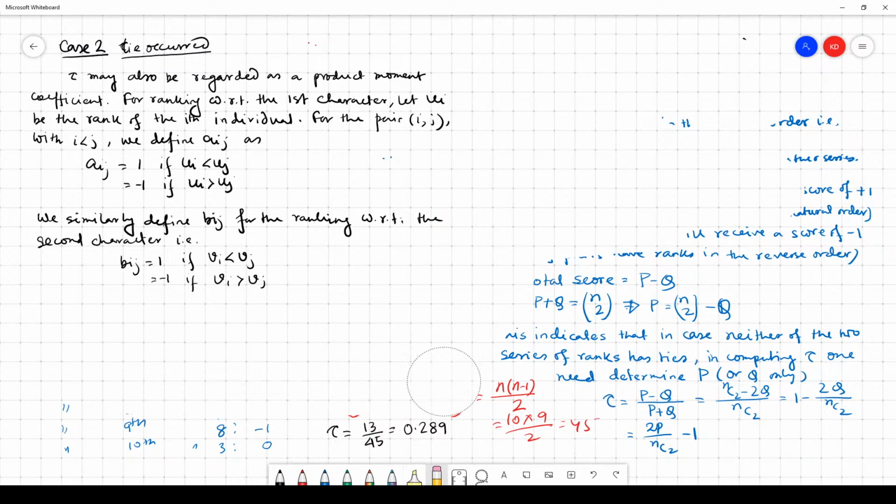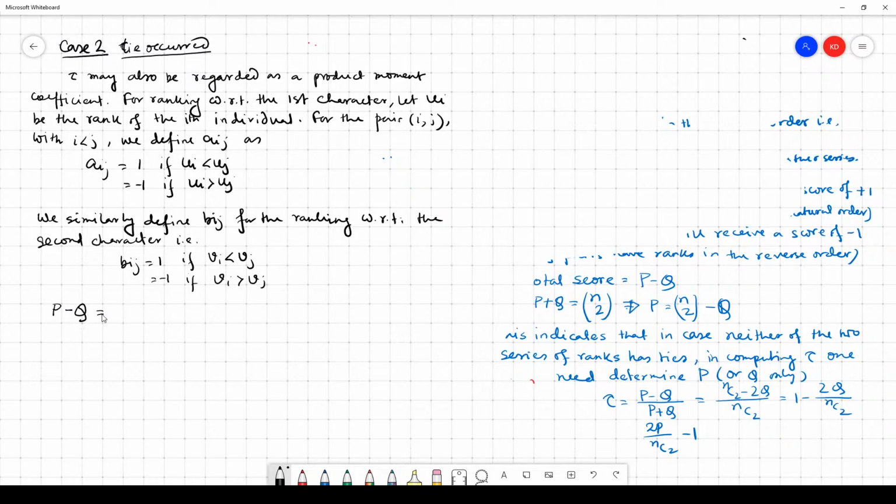Then P plus Q should be, and then P minus Q should be the sum of the product aij bij, i from 1 to n, j from 1 to n.